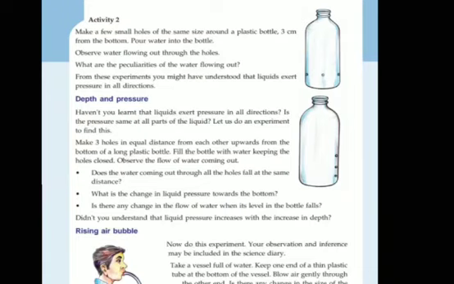From this, we can understand that the liquid pressure increases as depth increases and liquid pressure decreases as depth decreases. That is why the speed is low towards the top, and towards the bottom the speed increases. So as depth increases, the liquid pressure also increases.